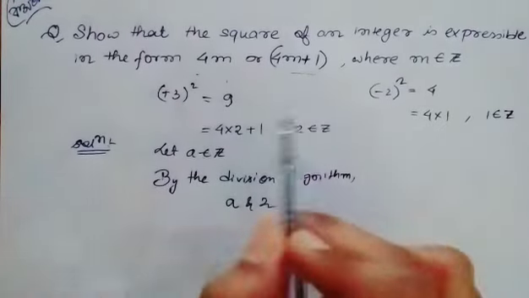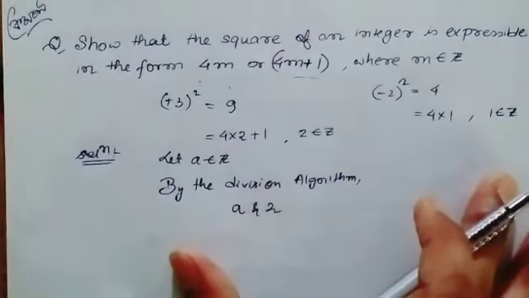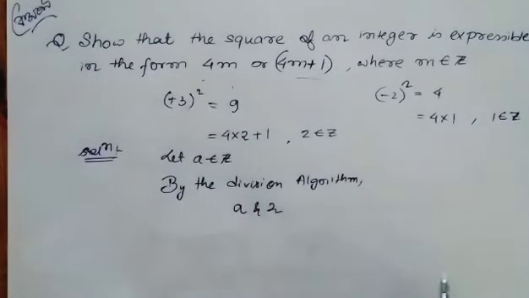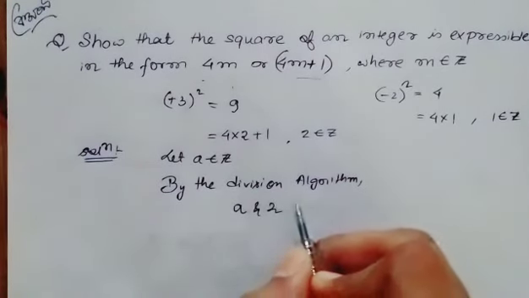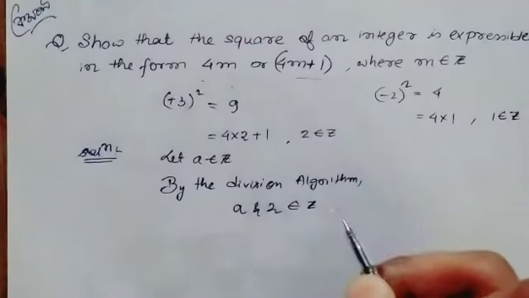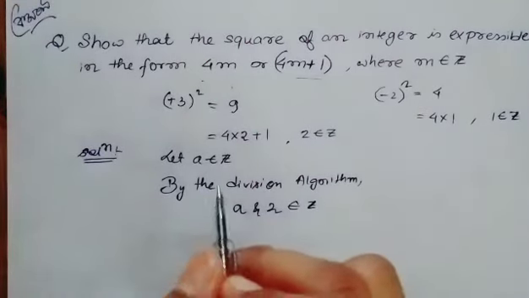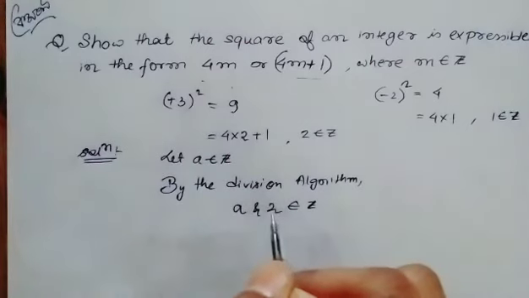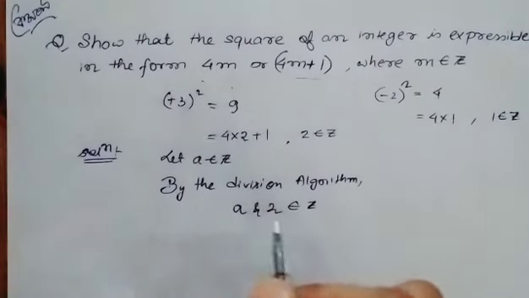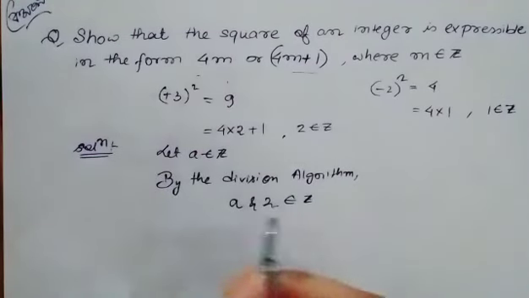We are dealing with 4m and 4m plus 1 numbers, so let us consider b to be 2, for a being any integer. Then by the division algorithm theorem, we can write a and 2 belong to integers. So what we are basically doing is dividing a by 2.